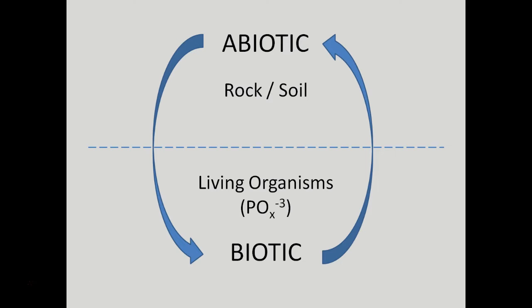And then we have to then go through the cycle where we have uplifting again, weathering to break it down, and then organisms take it up. So there's a long-term geologic component of the phosphorus cycle that involves the formation of sedimentary rocks, uplifting, and weathering. But then there's the short term as well, where it stays in the biotic component of an ecosystem.